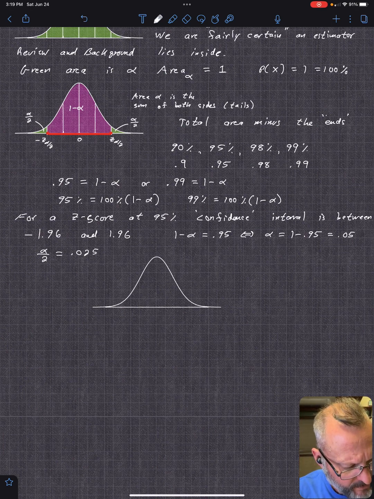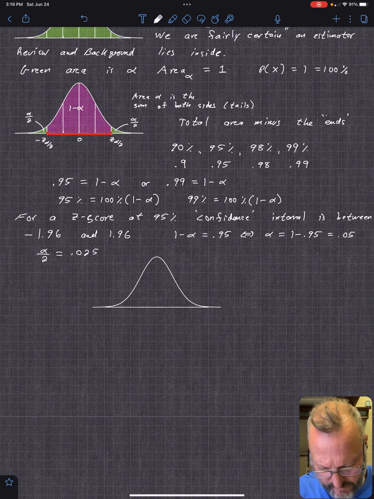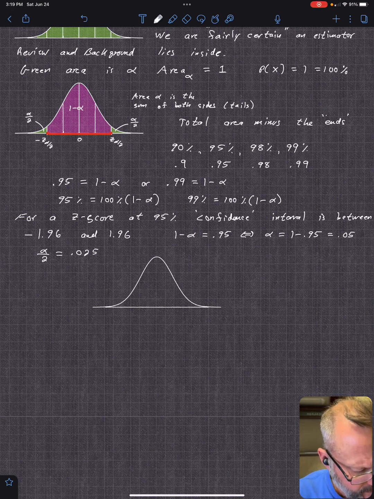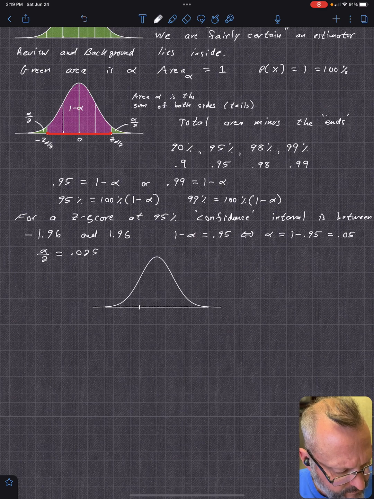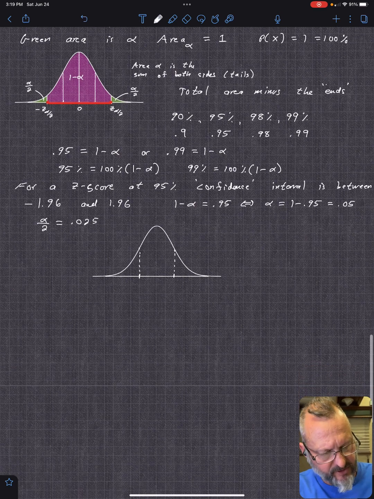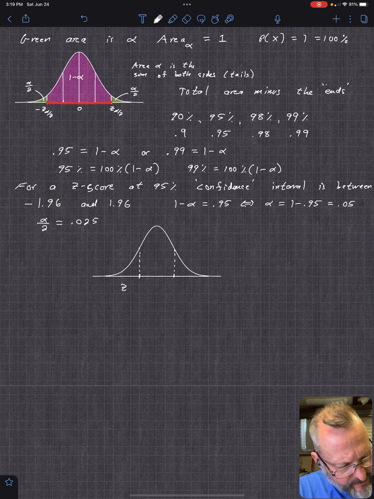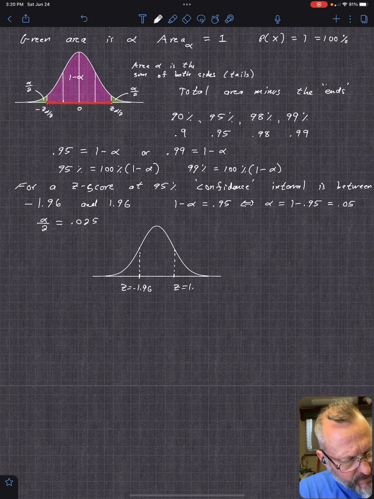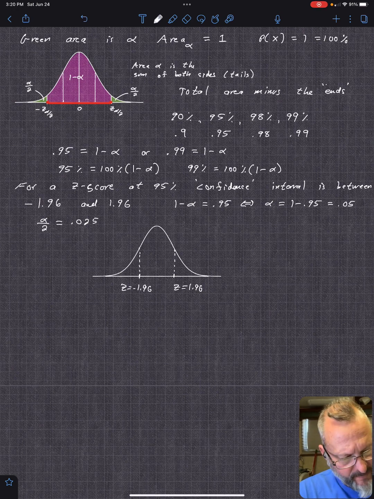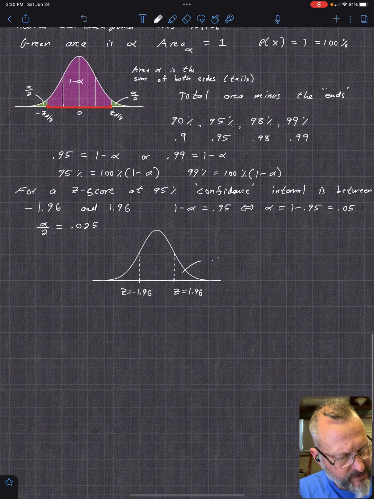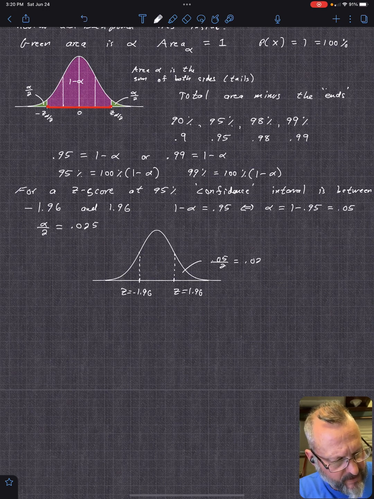So for here, if you're here, you go up to here, whatever that is, visually, just different curves. That's your z equal to negative 1.96. This is z equal to 1.96. And so this is your 0.05 over 2, which is 0.025.